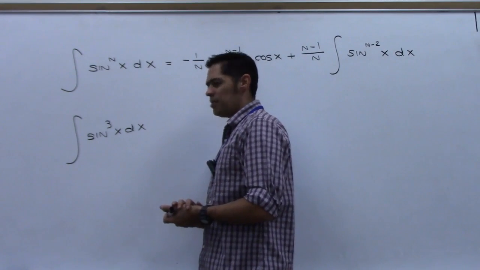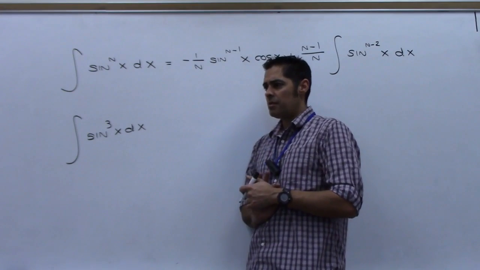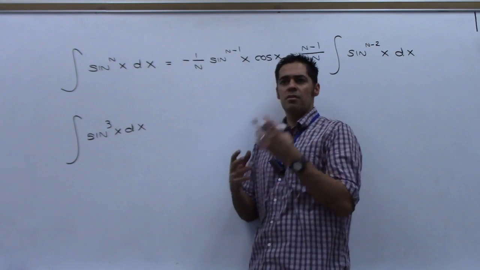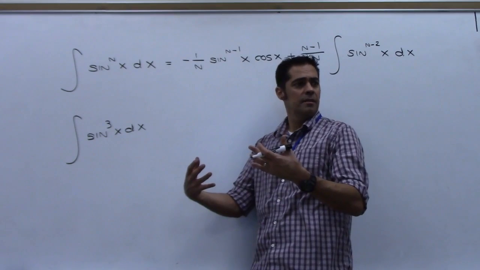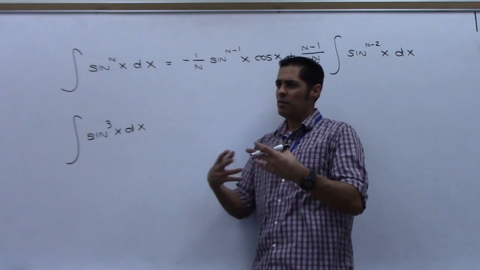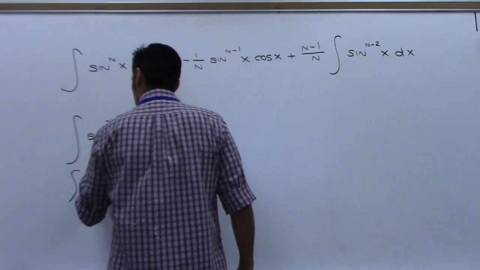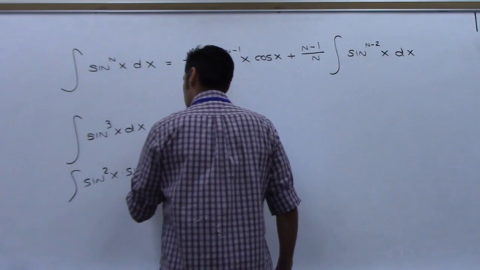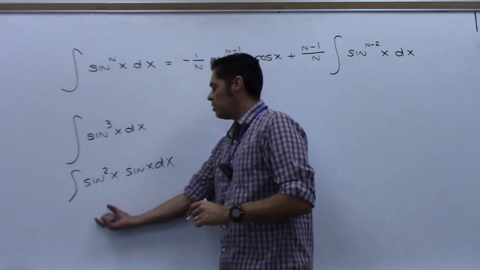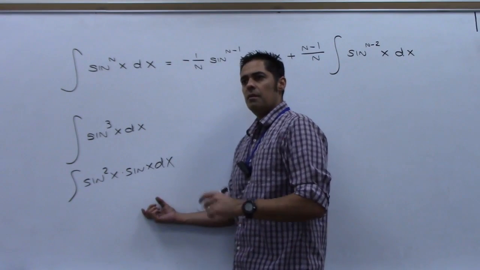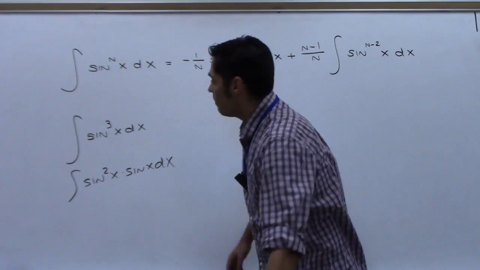Do you see the inherent problems with this? What are you going to choose to let be your u and your dv? It's going to be a difficult choice. Now, you could split it up. You could write it as sine squared x times sine x dx, and choose maybe that to be your u and this to be your dv. But it's going to be a mess.